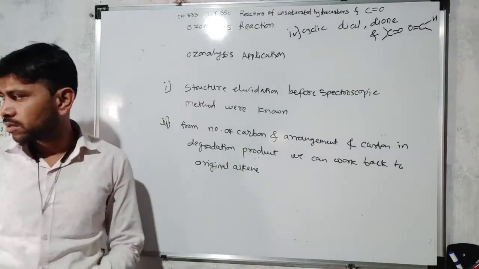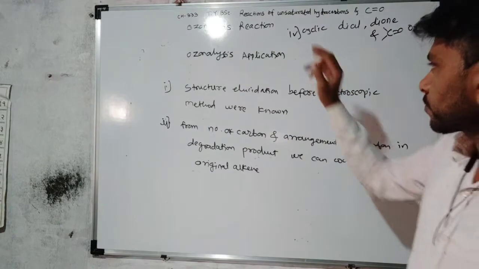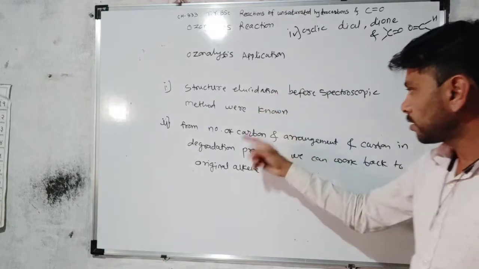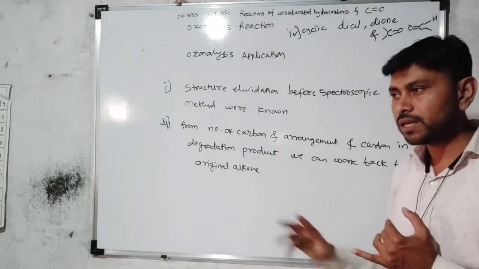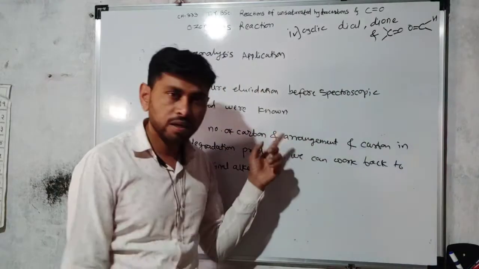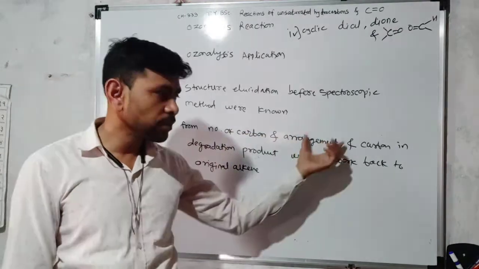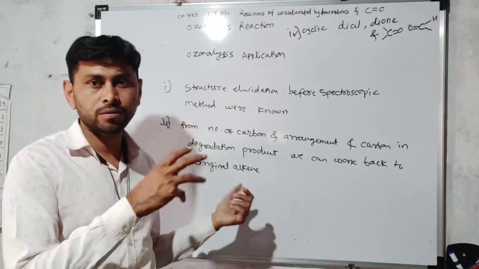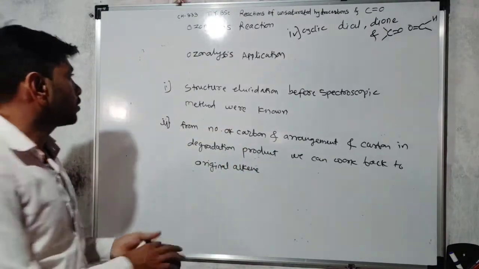We know that we obtain degradation products, either aldehydes or ketones, or one aldehyde and one ketone. From the number of carbons present in the aldehyde and ketone, and the arrangement of these carbons in the structure, we can work back to the original alkene and find out its structure. So these are the applications of ozonolysis.